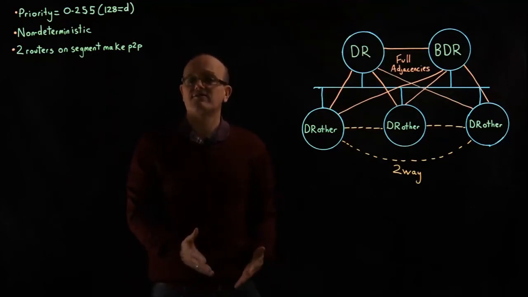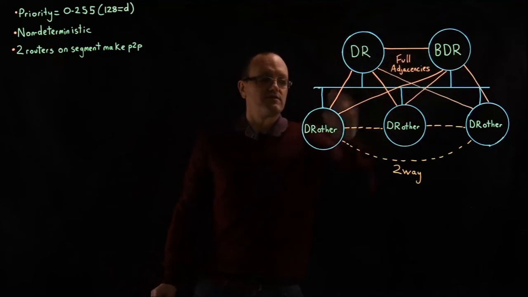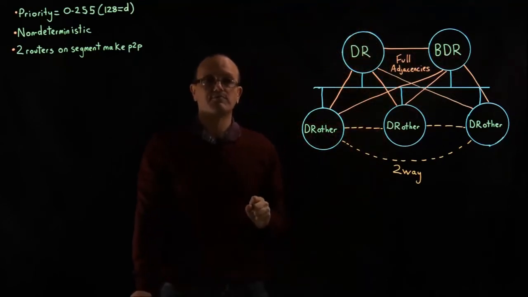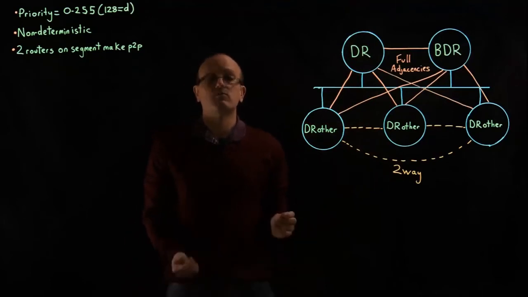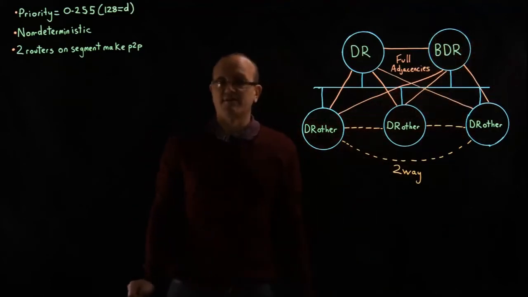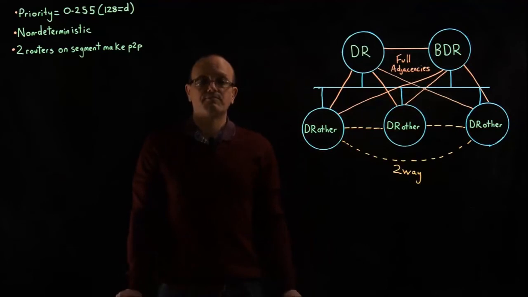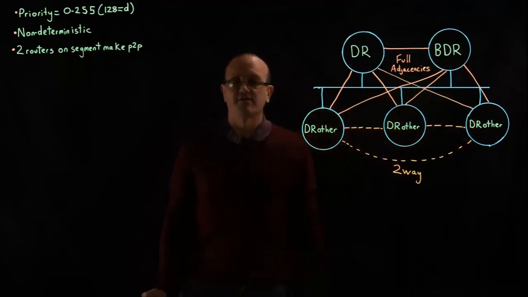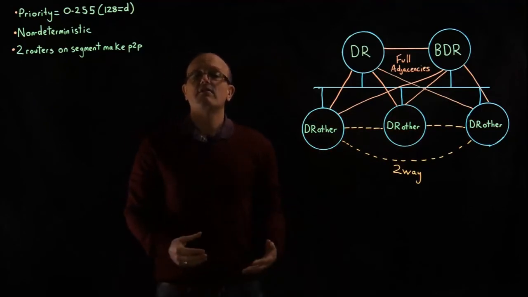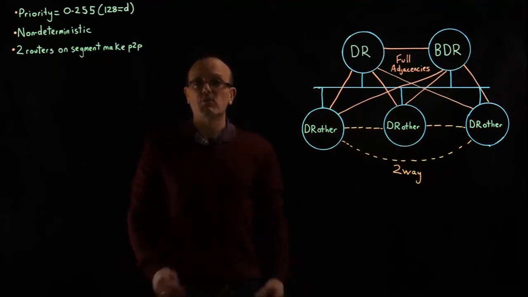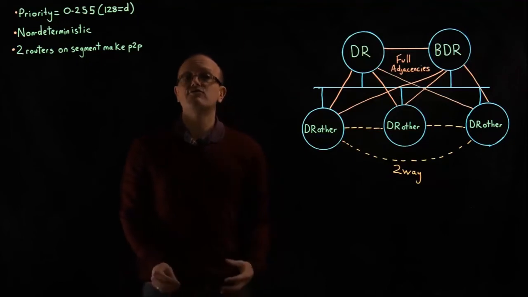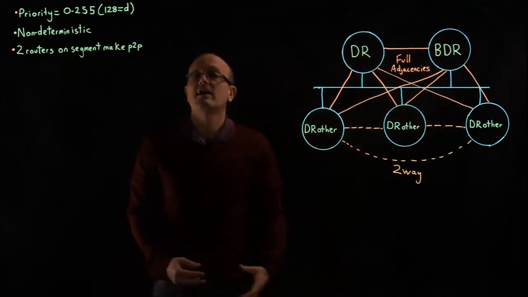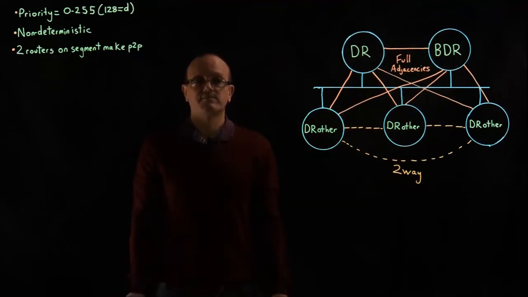And the highest value of that priority wins the DR role. The second highest priority wins the backup designated router role, the BDR role. All other devices are then in this DROther state. If the priority values are equal, we then tie break on the router ID of the routers in this LAN segment, with the highest router ID winning.